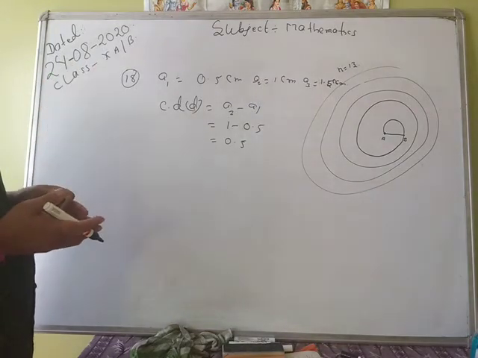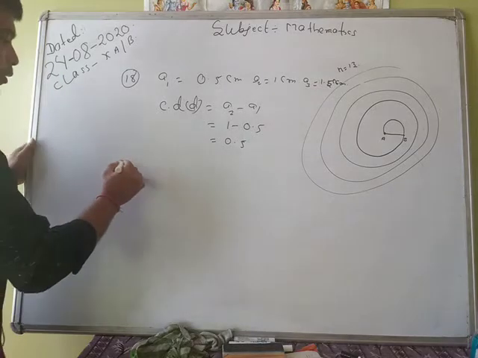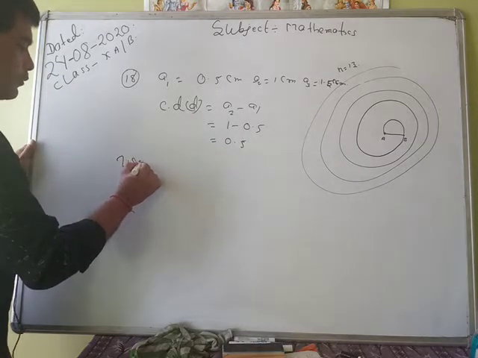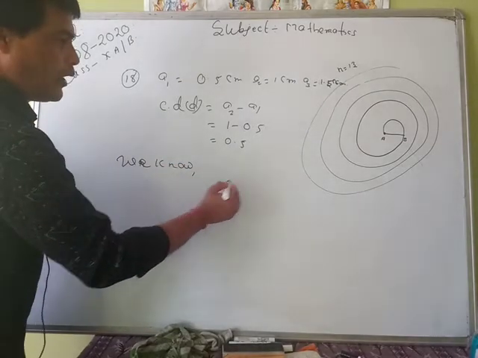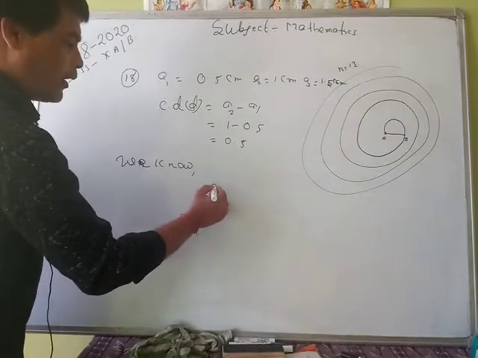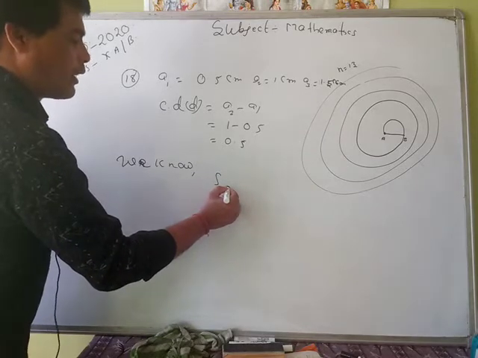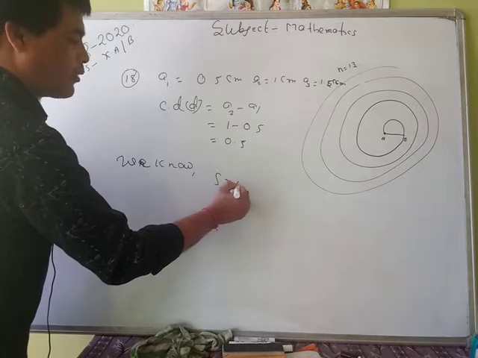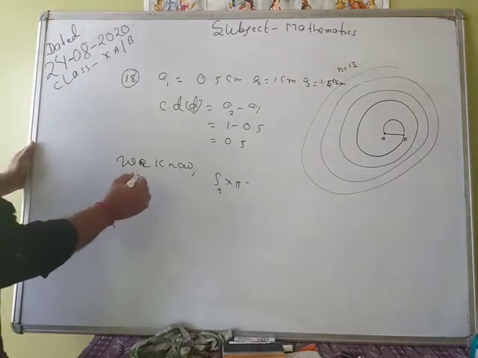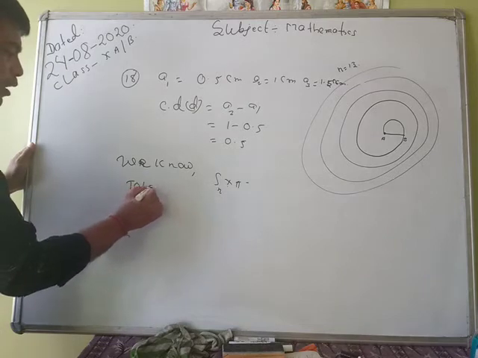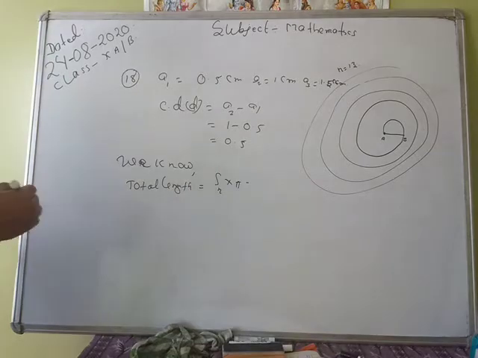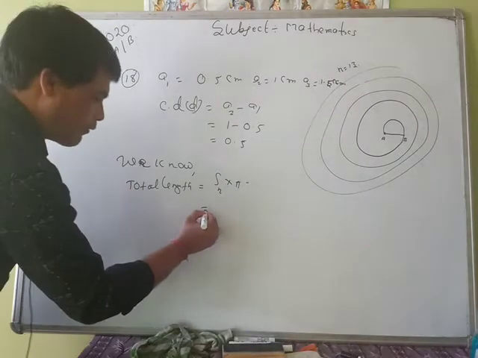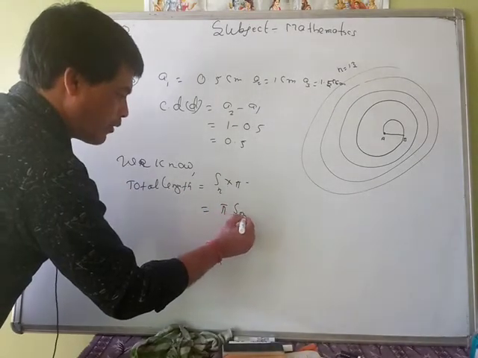What the total length of the 13 spirals will be, we know, if the pi value is given, then total length is equal to Sn into pi, or we have to write pi into Sn.